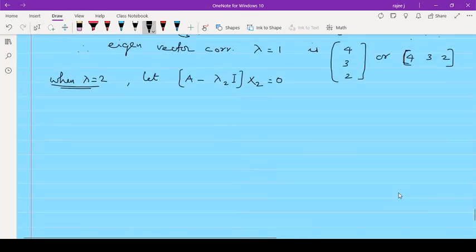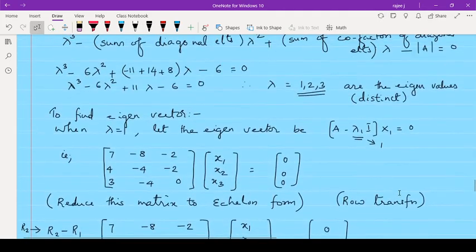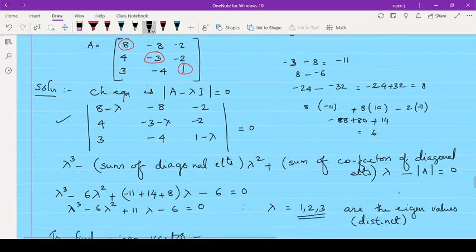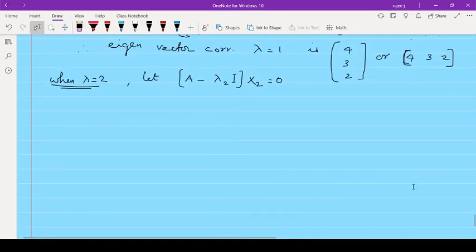So now when lambda equal to 2, you will get the matrix. Here what we have to do is subtract 2 from each diagonal element. So the equation you will get is 6 minus 8 minus 2, 4 minus 5, subtracting lambda equal to 2 from the diagonal elements, and here 3 minus 4 and minus 1.